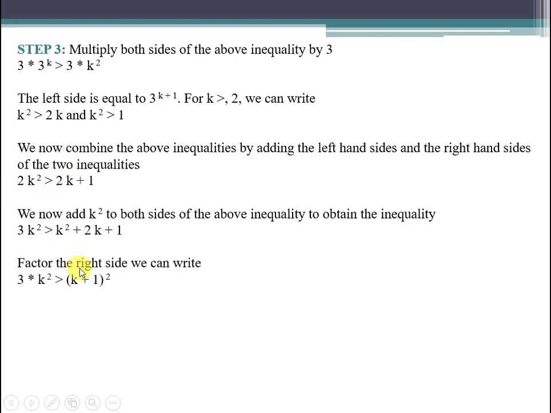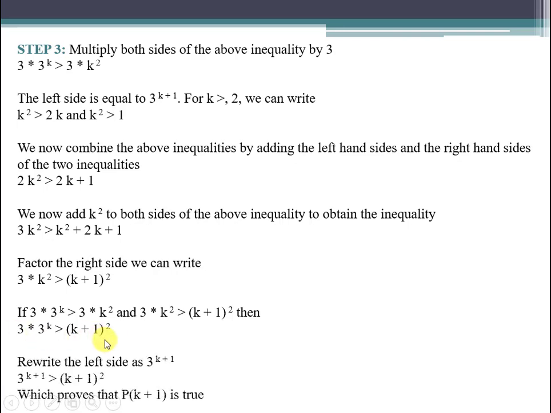Factor the right side. We can write 3 multiplied by k squared is greater than (k plus 1) squared. So what does it give? If 3 multiplied by 3 to the k is greater than 3 multiplied by k squared, and 3 multiplied by k squared is greater than (k plus 1) squared, then 3 multiplied by 3 to the k is greater than (k plus 1) squared.